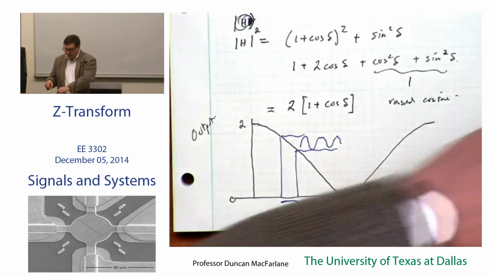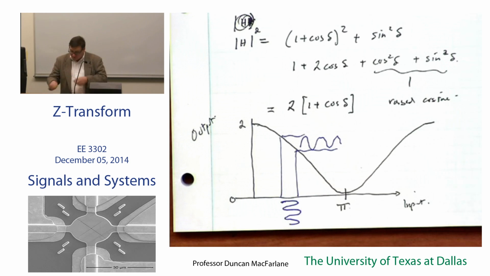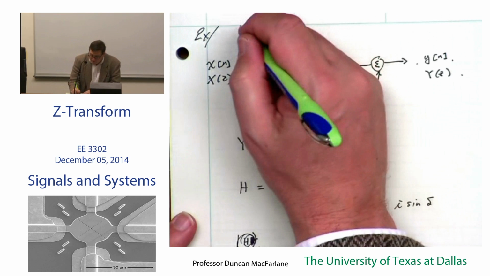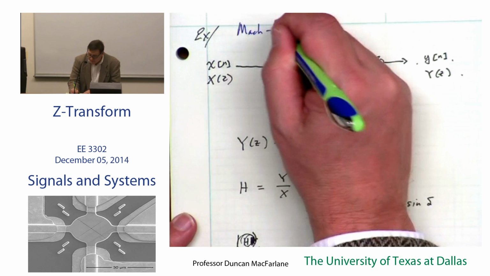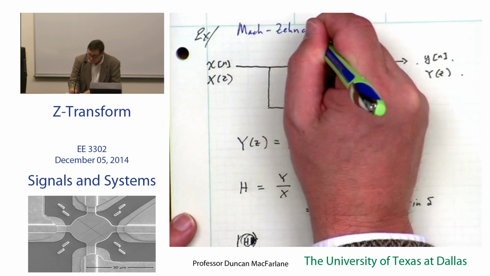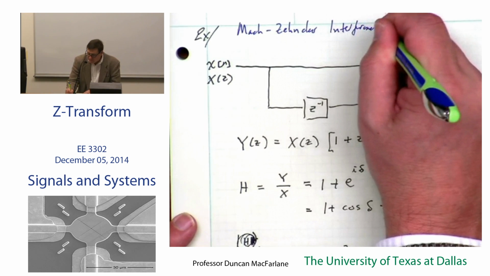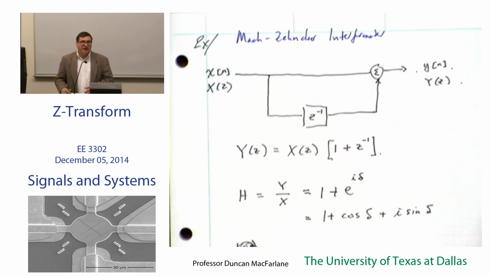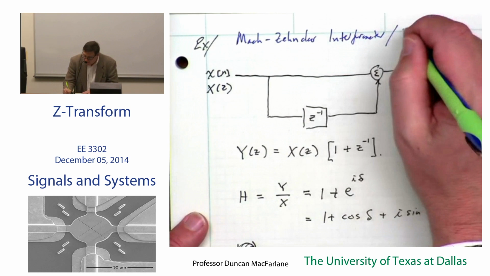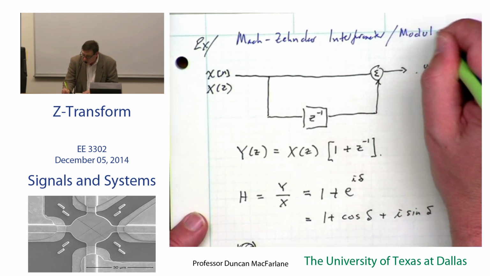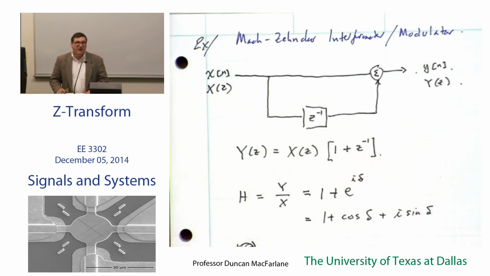I might have mentioned that my area of study is in optics and photonics. And what I've just described for you, this example, is something called a Mach-Zehnder interferometer, which is interesting in and of itself, but this is actually much more commonly used as a modulator.